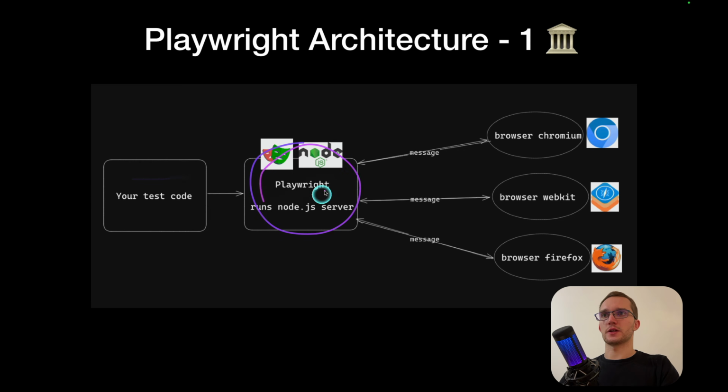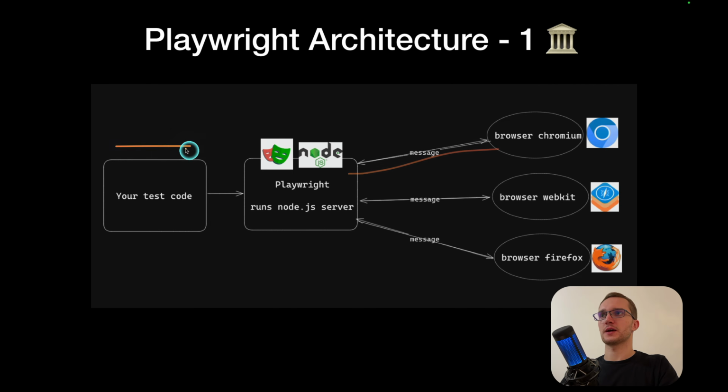Then it understands, okay, click on this element, and sends a message to the browser: click on a specific element or a specific location on the page, a specific pixel, I don't know. And then it finds this location on the page and the browser clicks on it, and then the browser sends a message, I clicked on this element, something like mouse click or similar events.